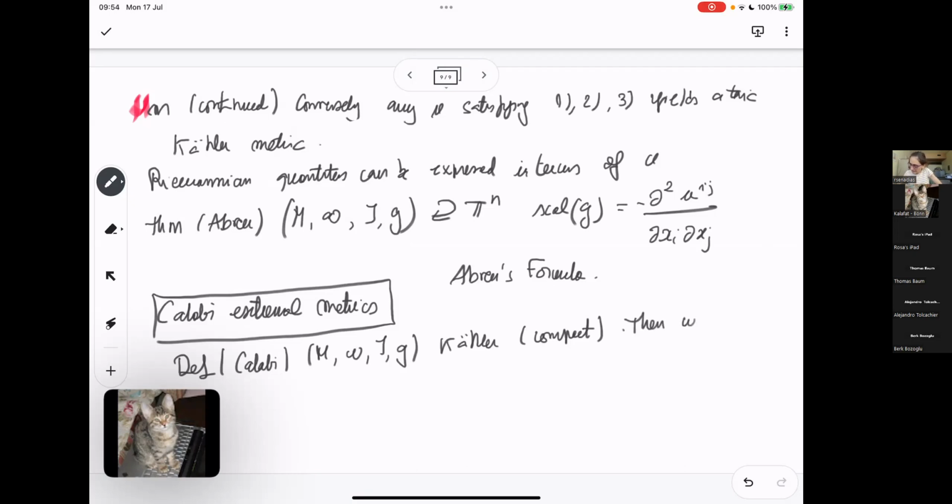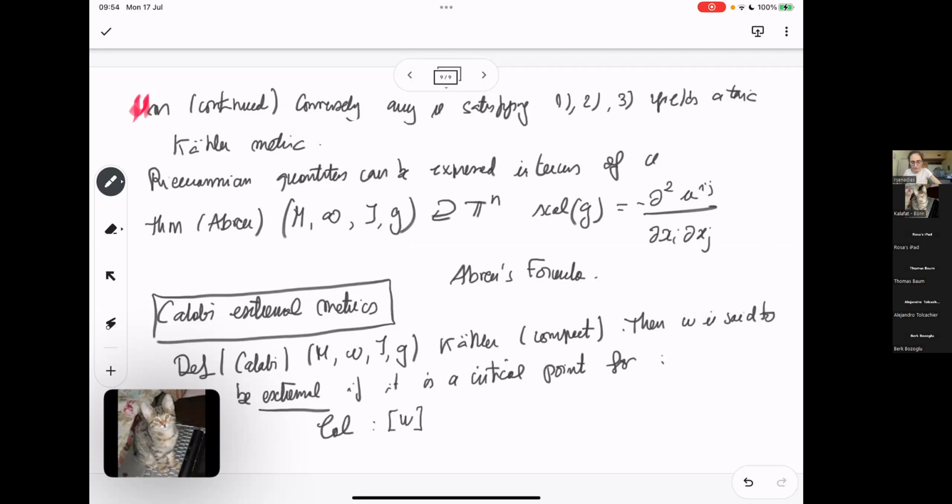Then omega is said to be extremal, we now say Calabi extremal sometimes, if it is a critical point for the following functional, which we now call the Calabi functional. The Calabi functional is defined on the Kähler forms that are in the same cohomology class as the given form.